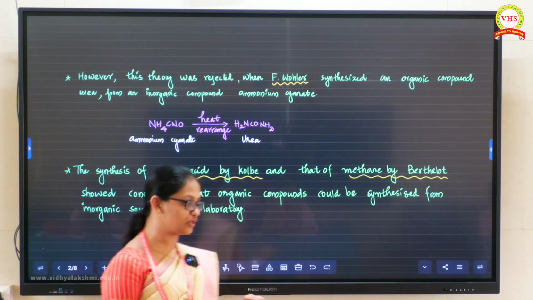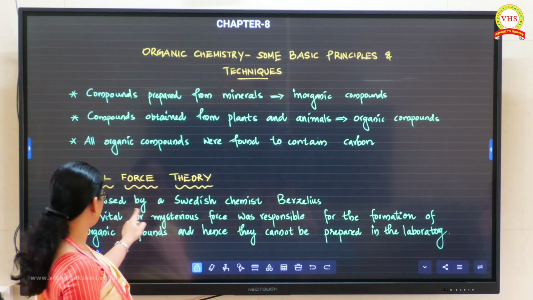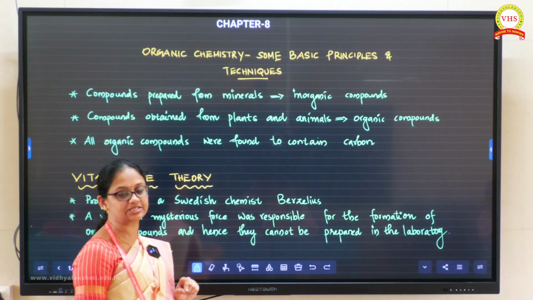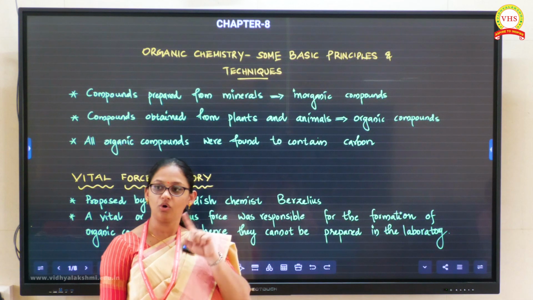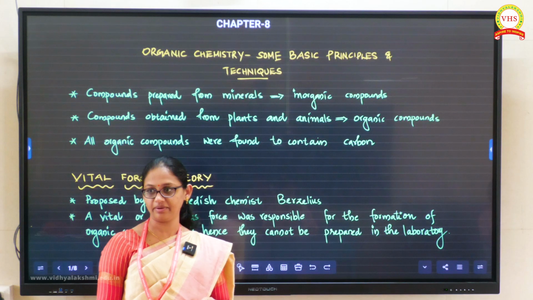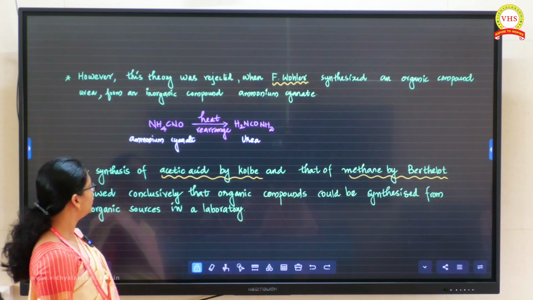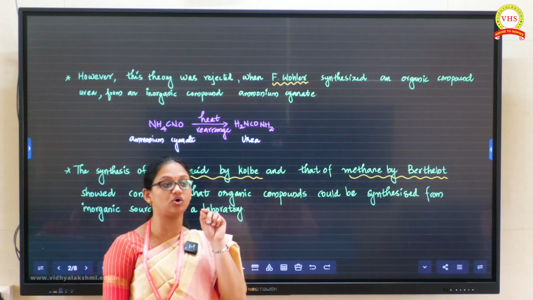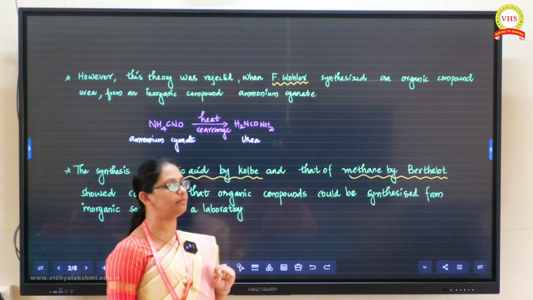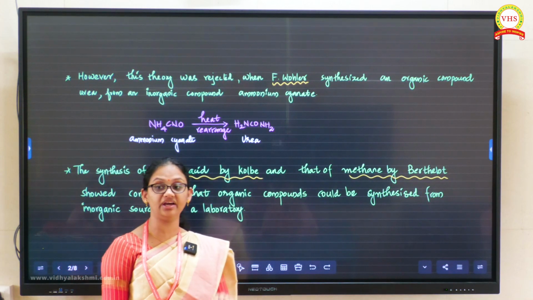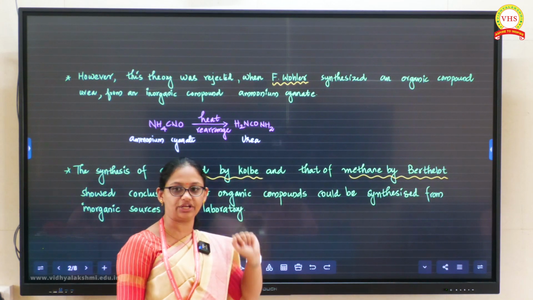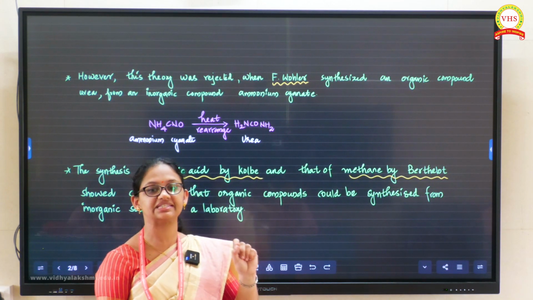According to the vital force theory, a mysterious force is responsible for the formation of organic compounds and we can't prepare them in a laboratory. But F. Wöhler proved that we can synthesize an organic compound. The compound is urea, made from the inorganic compound ammonium cyanate.